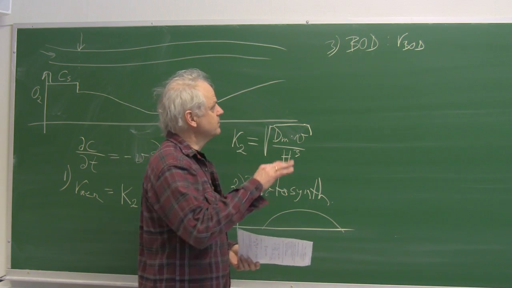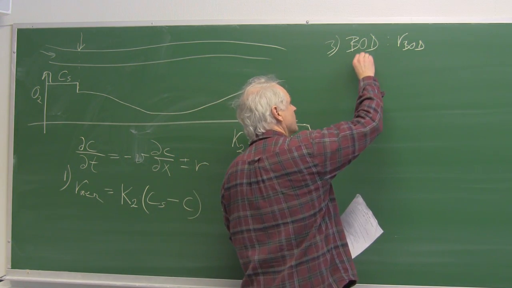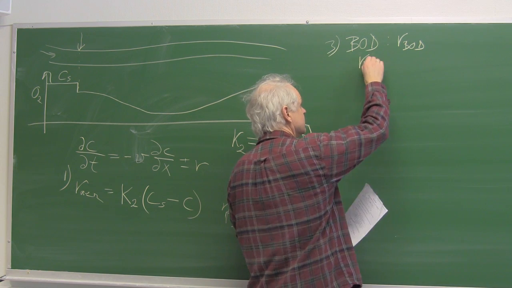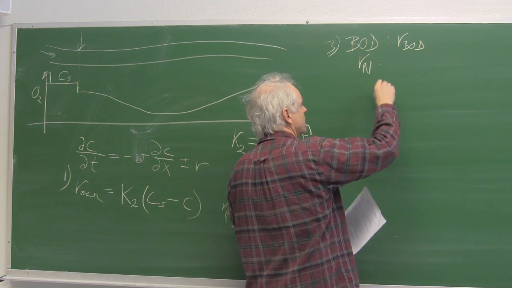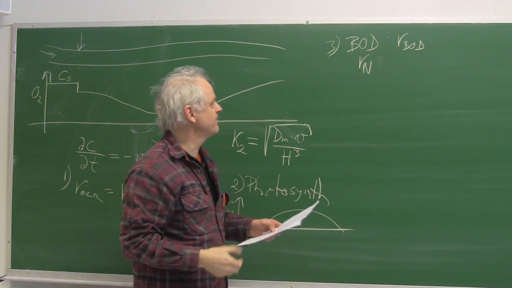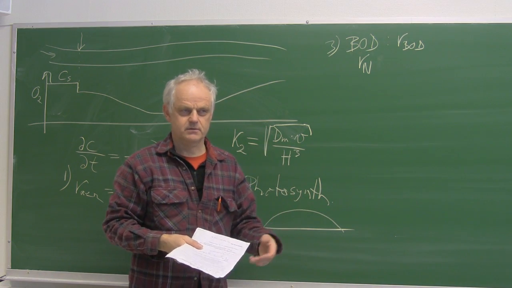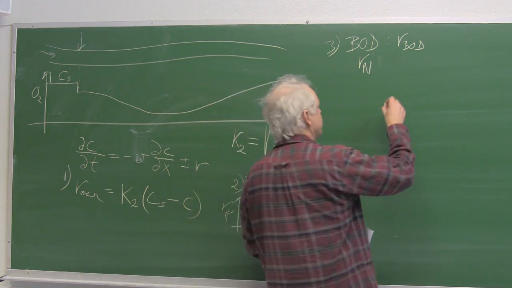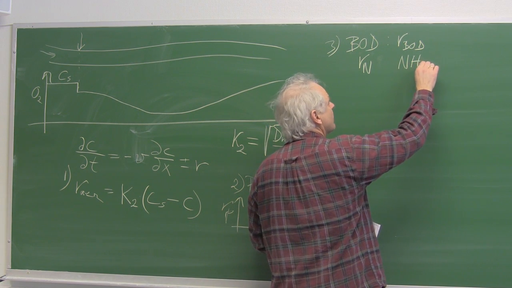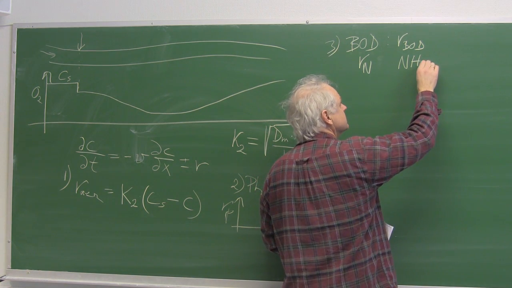There are kind of two versions of this. There is an added, extra one, which we can call Rn, which has to do with, it's also a type of BOD, but it's the BOD related to nitrogen oxidation. In other words, if we have ammonia, which often is the case when we have BOD, we also have ammonia.